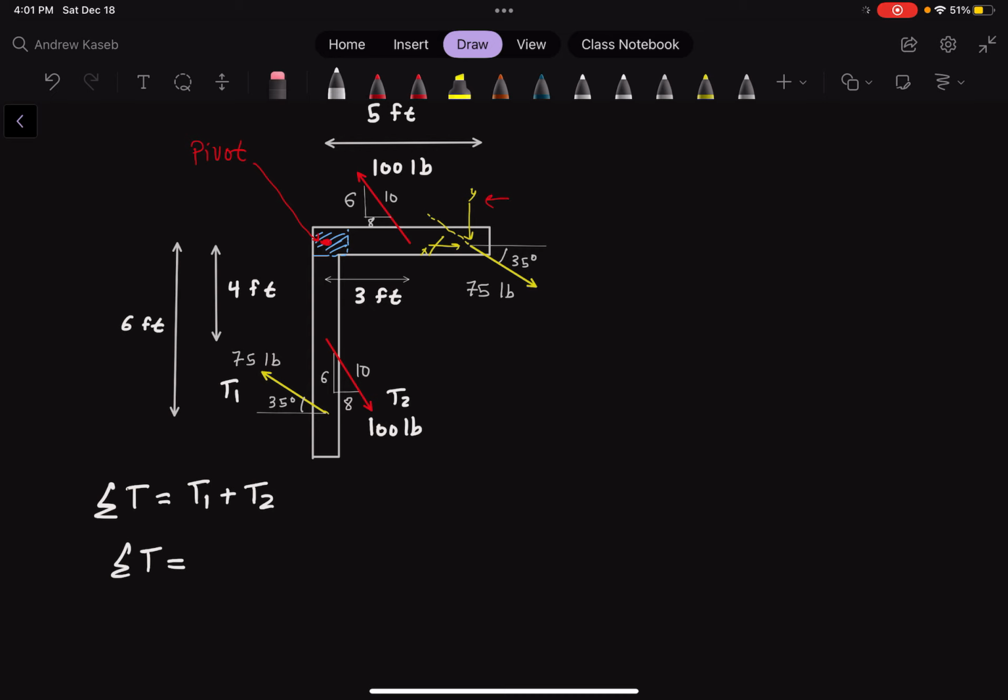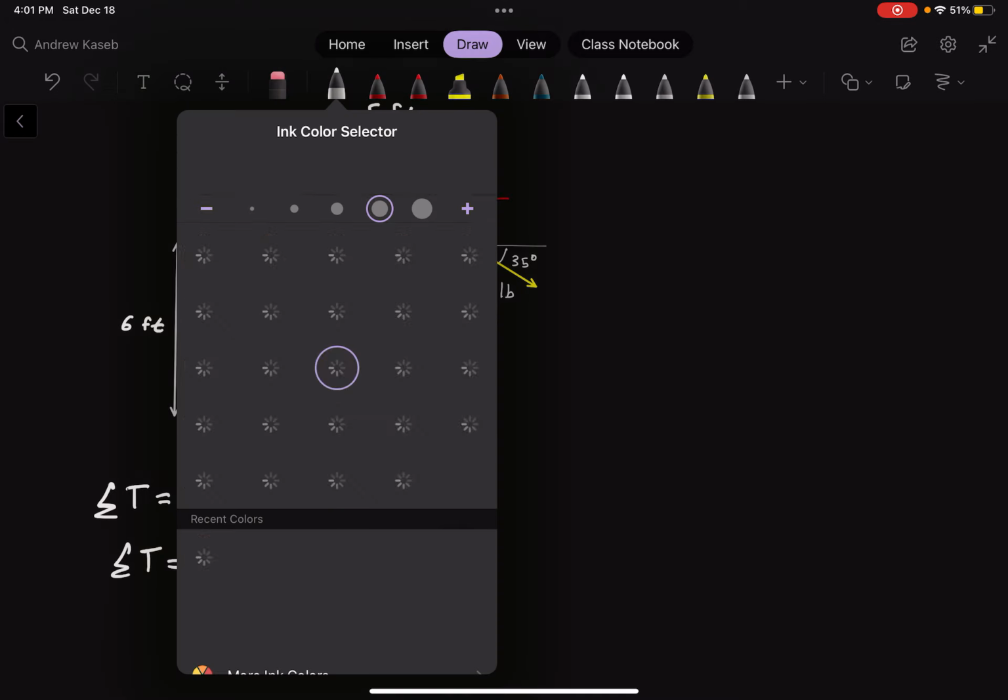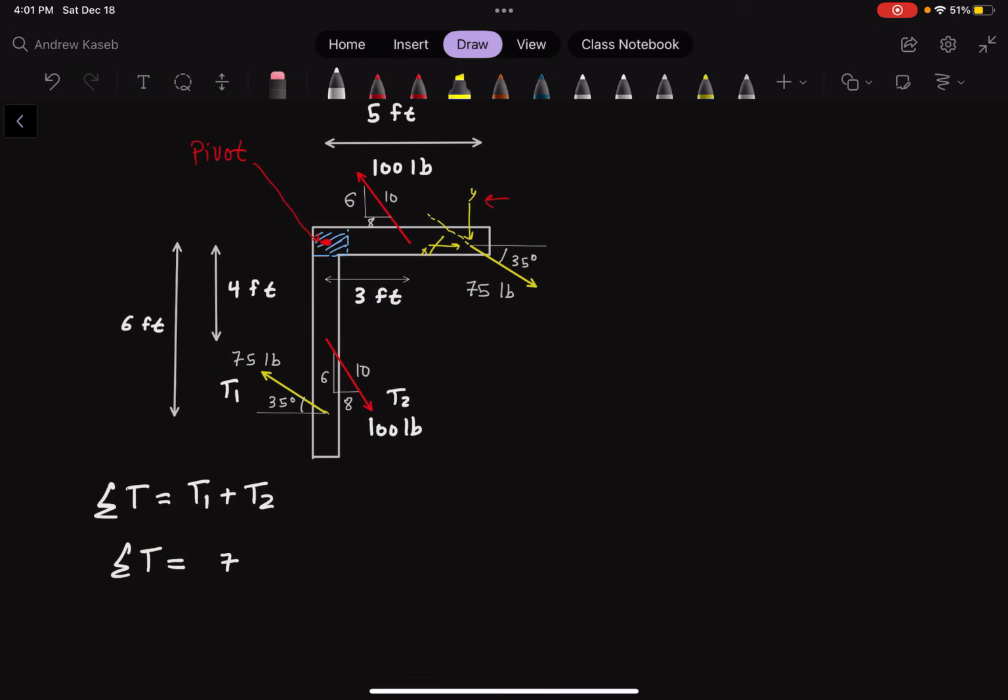The y component of the 75-pound force would be 75 pounds sine 35 degrees times the distance between the y component and the pivot point. So here you can see that it's 5 feet, so times 5 feet.